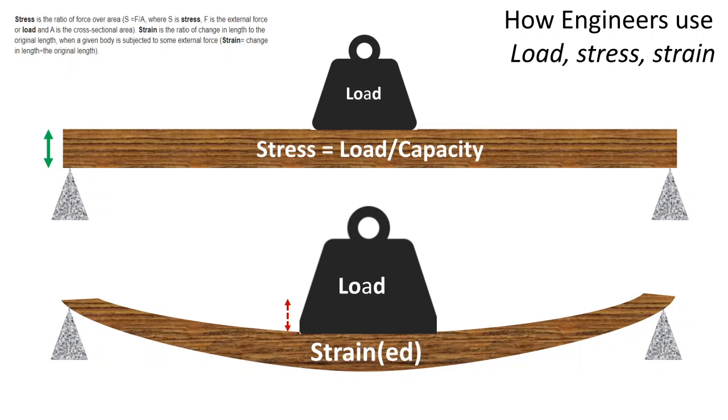But if it's been under a load long enough or deeply enough, it may only slowly come back, or it may not come back at all. And of course, worst case scenario, the load is heavy enough that the beam might actually break, right? It would reach its tolerance and snap or bend out of shape so much that it never regains its original shape.